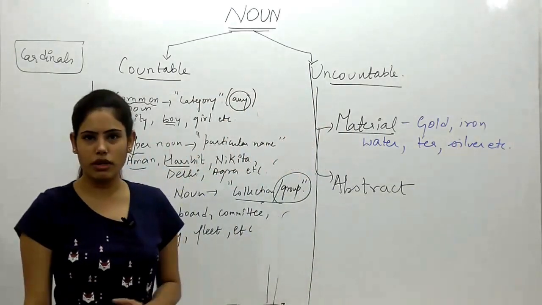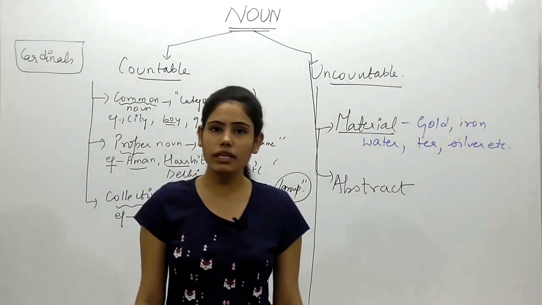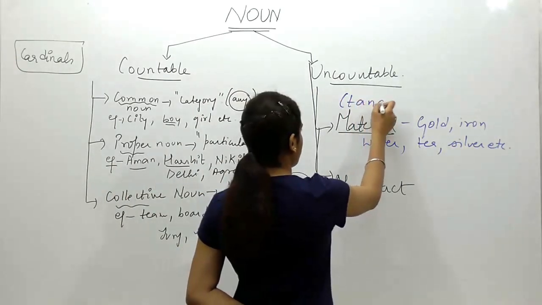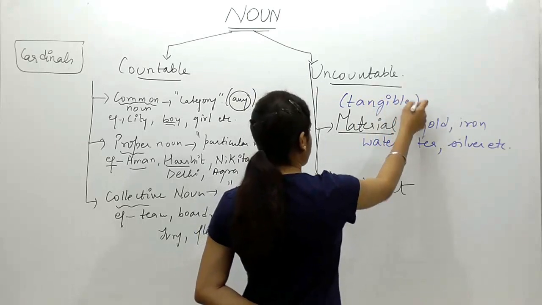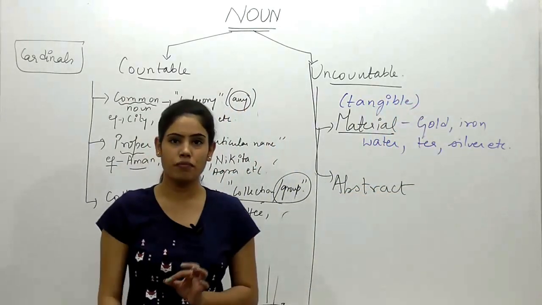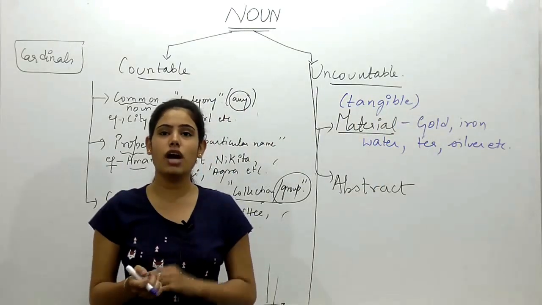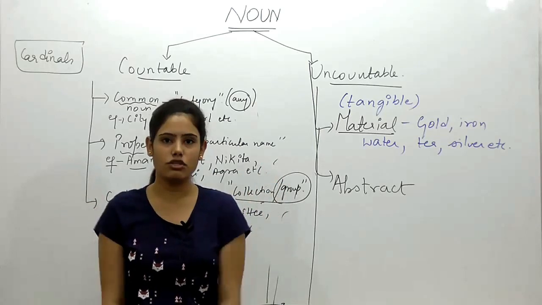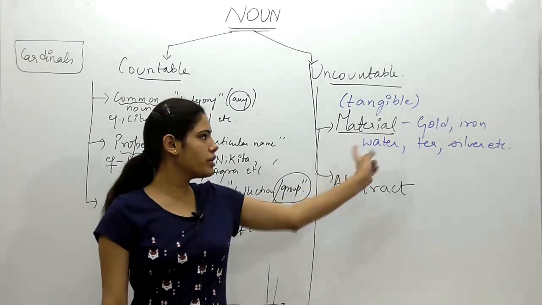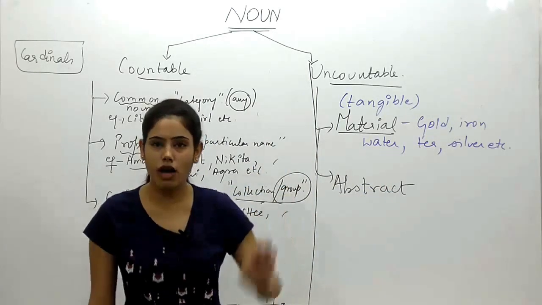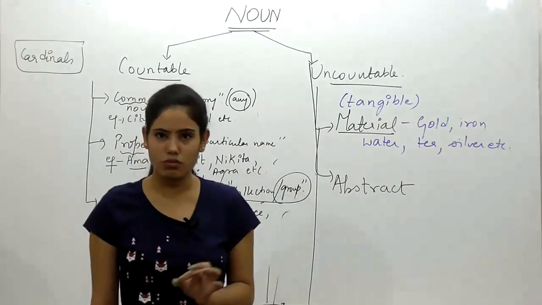And do remember this one thing, that all material nouns are tangible. With tangible I mean these are nouns that can be touched. Nouns that can be touched are tangible. Nouns that cannot be touched are intangible. So material nouns, we can touch all of these, right? These all are material nouns and material nouns are tangible nouns.